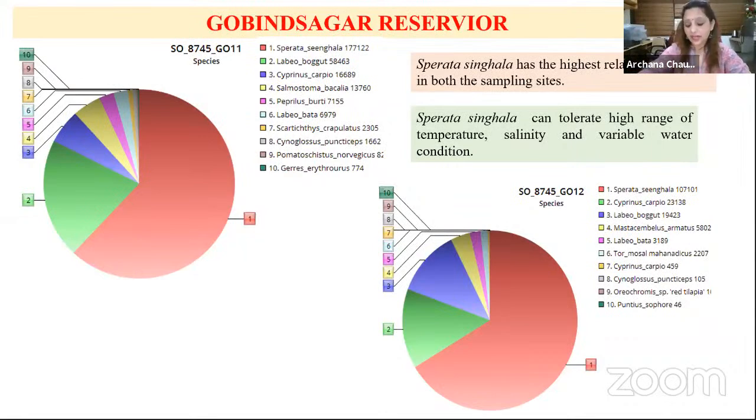Even though we had collected so many samples from the same sampling site, we have sequenced only one from each sampling site. So another thing is that from one sampling site, we can increase the number of sequencing replicates, though it is very costly and expensive for us.